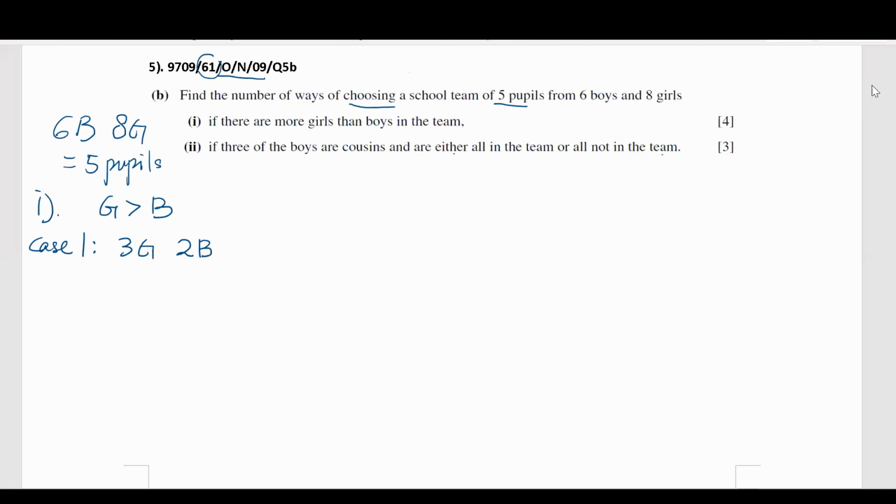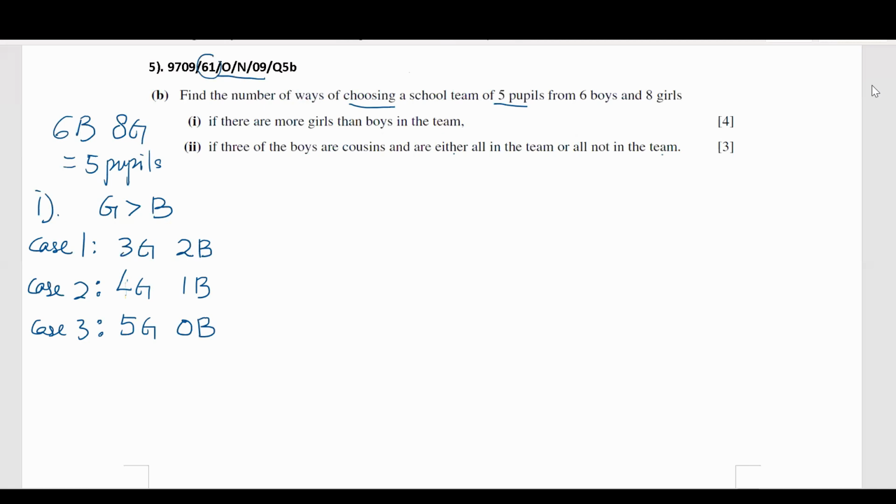So there is a team of 5 and there are more girls than boys. All right, this is case 1. Case 2, we also can have 4 girls, 1 boy. All right, or case 3, we have 5 girls and 0 boys. Then this is also one of the possible cases.